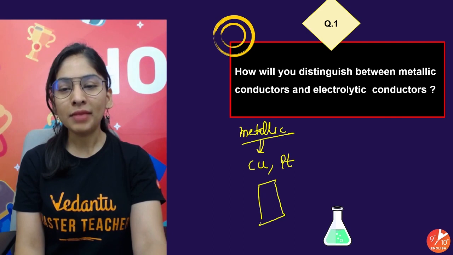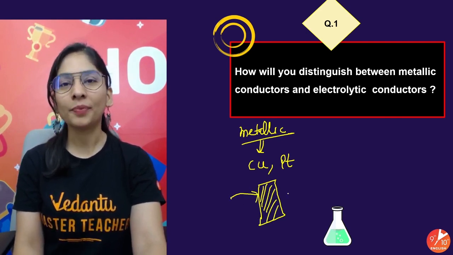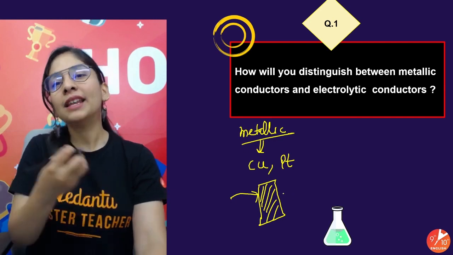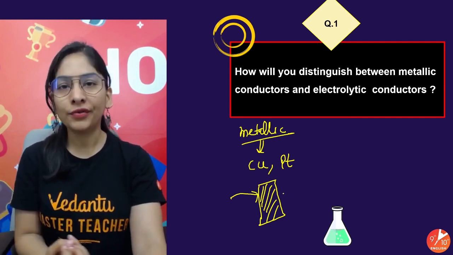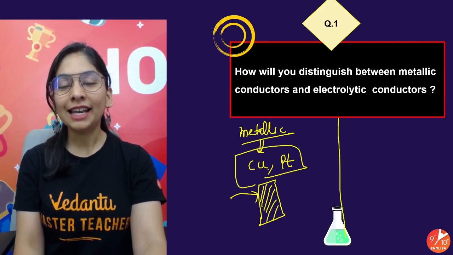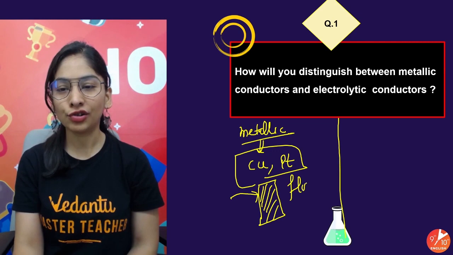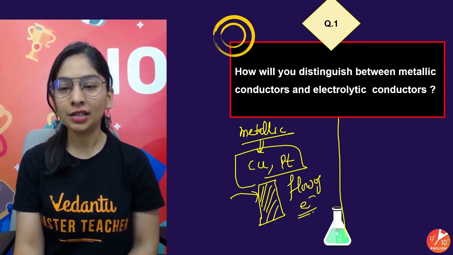When I say metallic conductor, that means whenever you pass electricity through it, it passes with the help of the flow of electrons. So electricity passes through it due to the flow of electrons. That's a very important point.